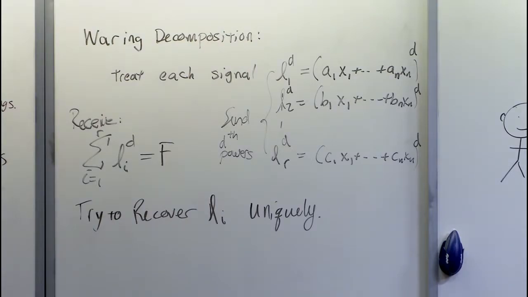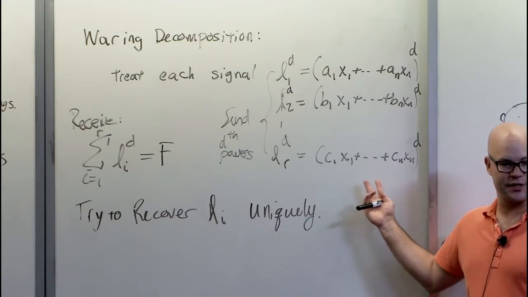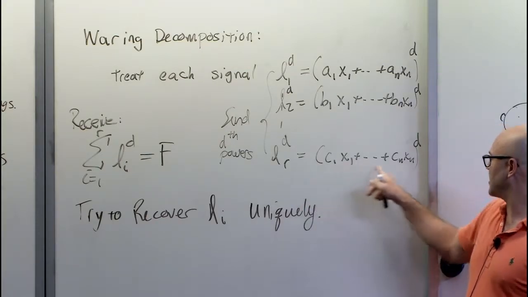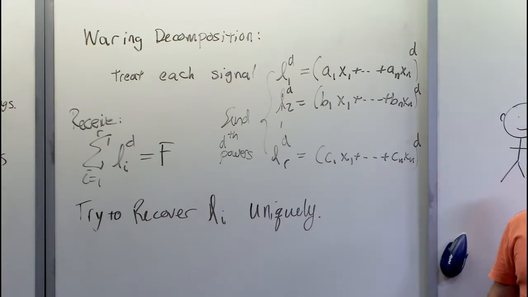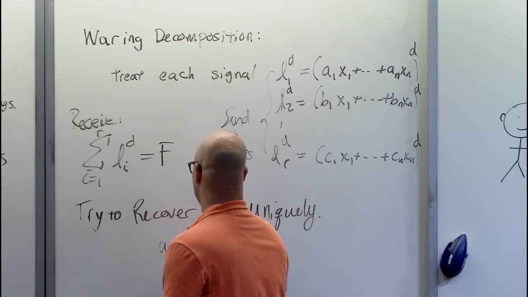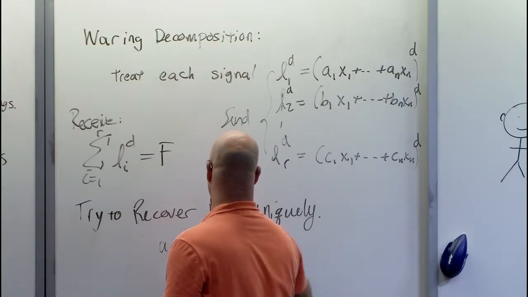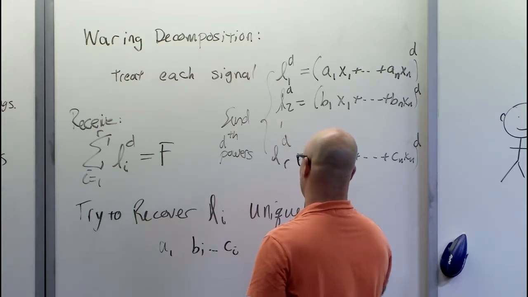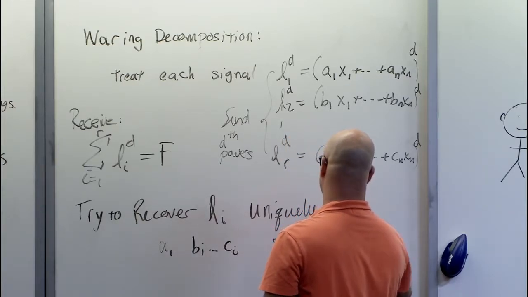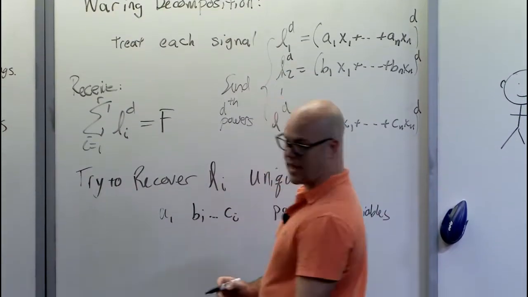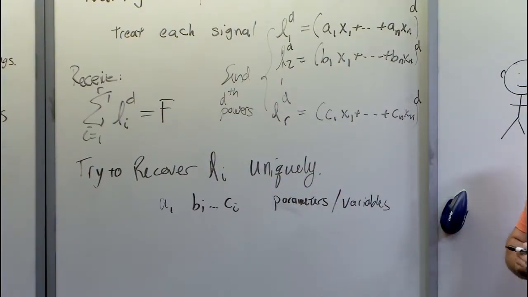So naively, what I've set up here is a very large system of polynomial equations of degree d on r times n variables. Right? So the ai, bi, ci are variables or parameters. And then the x's are just going to be thought of as placeholders.